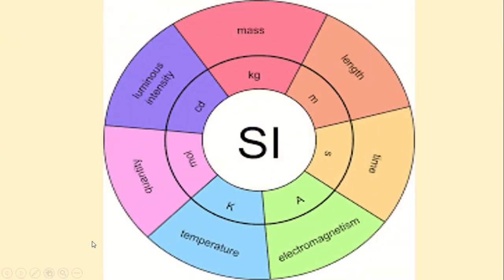Look, again I am giving a chart, like a circle, for the SI system. In the SI system, the unit of mass is kg, unit of length is meter, unit of time is second, electric current is ampere, temperature is Kelvin, amount of substance is mole, and luminous intensity is candela.